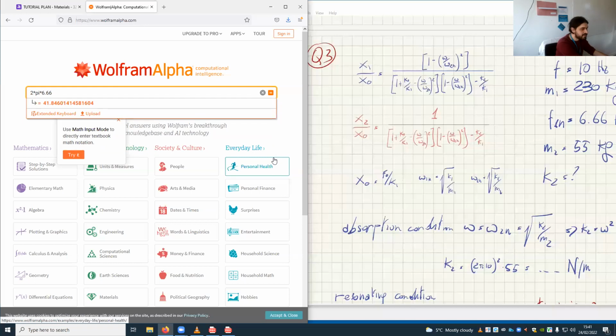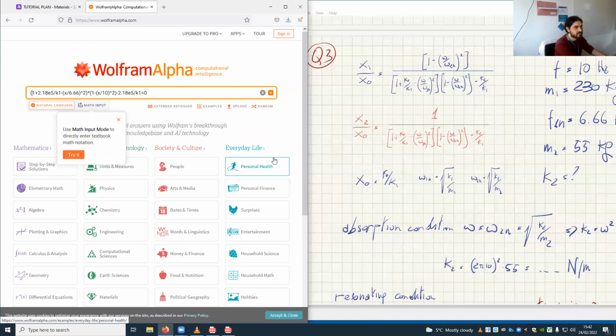So this is omega 1. Omega 1 squared times the mass of the jig, which is 230. So 402,750. I put 402,750 here. And here. And I solve.